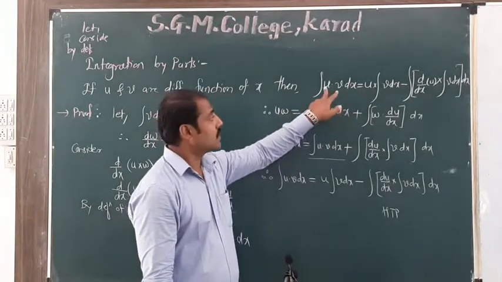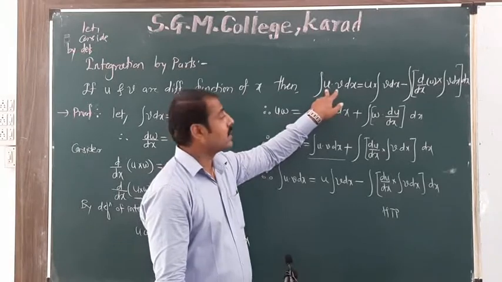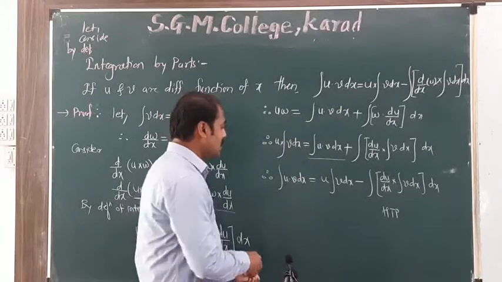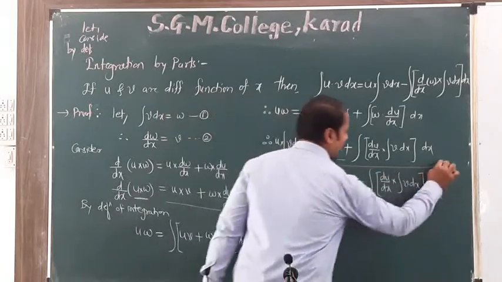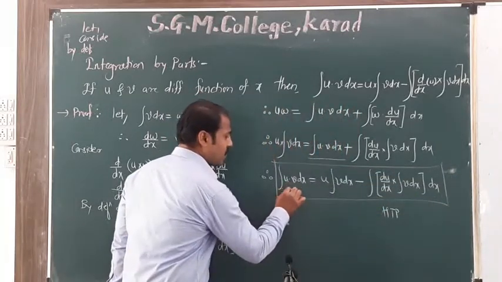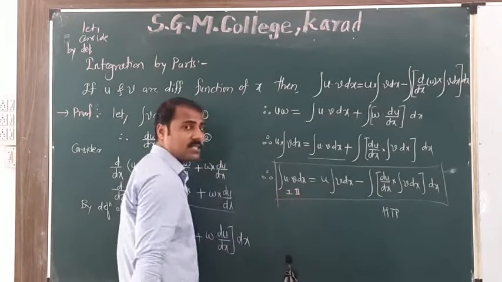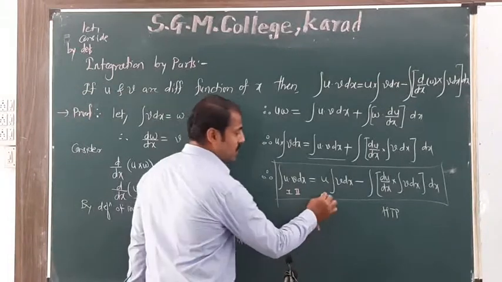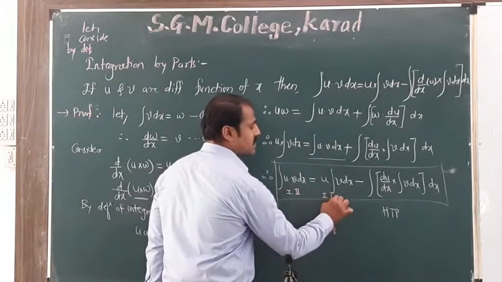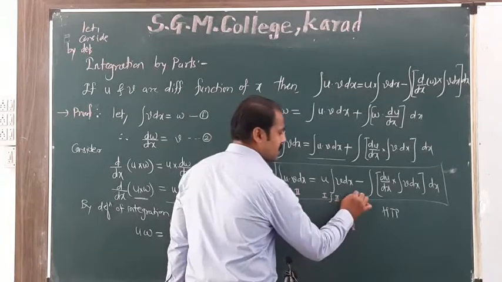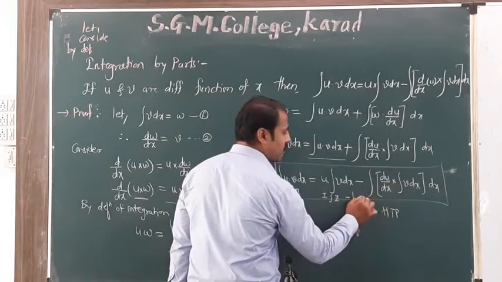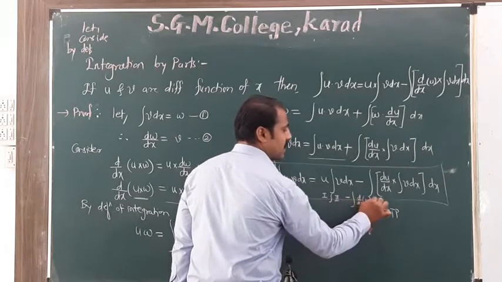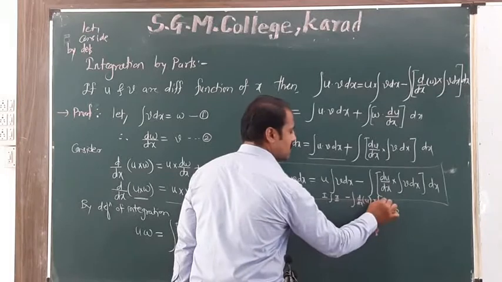When the integrand is a product of two different functions, remember this theorem as follows. This is our first function, this is our second function. Consider u as the first function and v as the second function. First as it is, integration of second, minus inside the integration, derivative of first into integration of second.